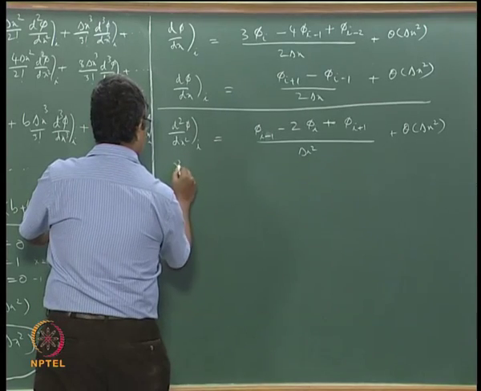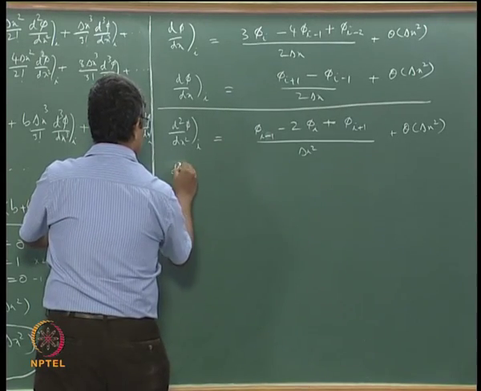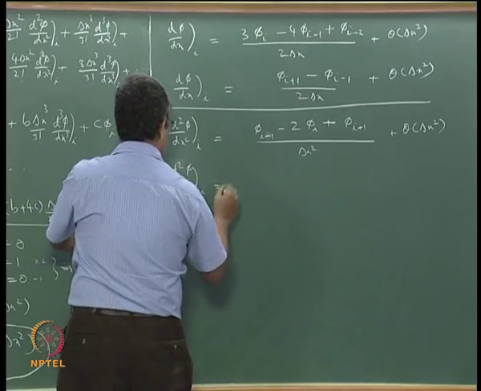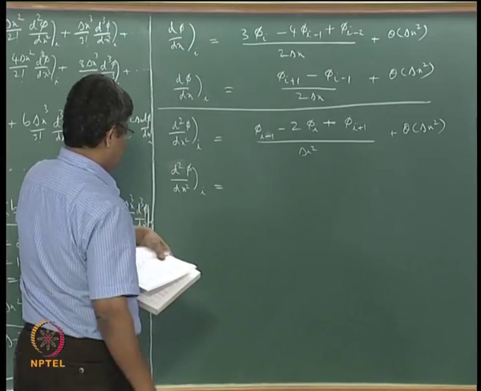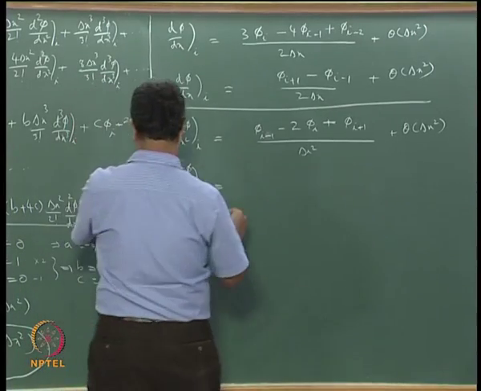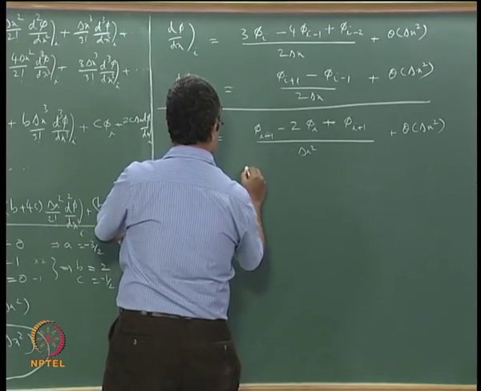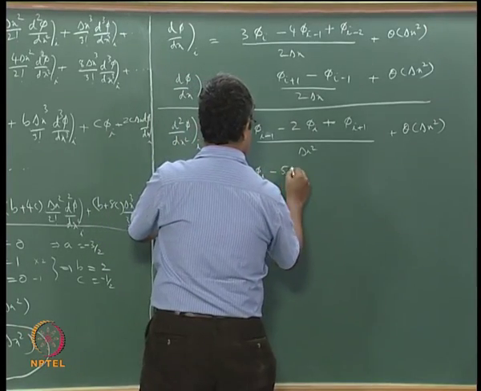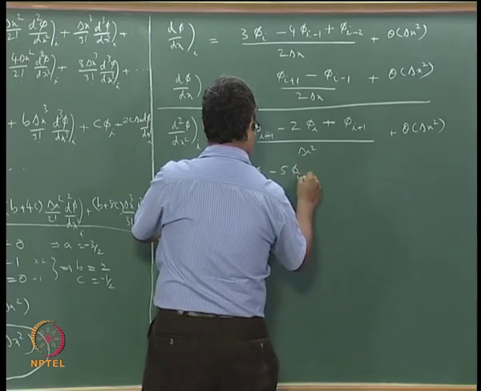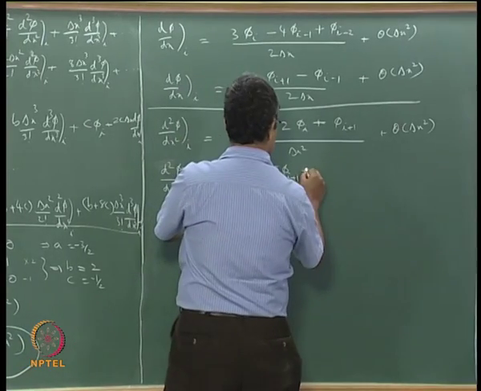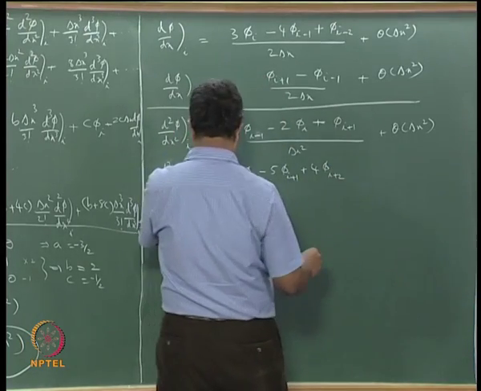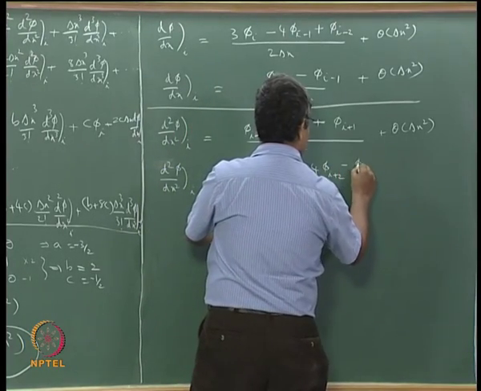A forward difference formula for second order accurate formula is 2 phi I, 4 5 is 2 minus phi.